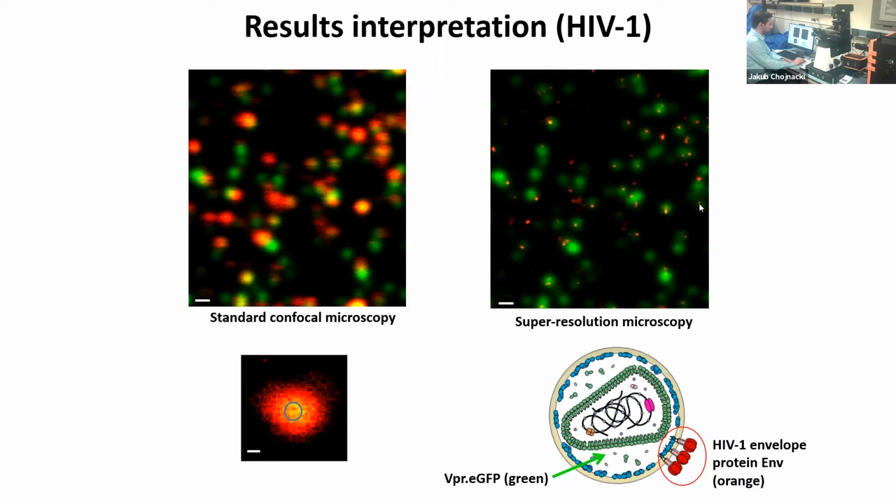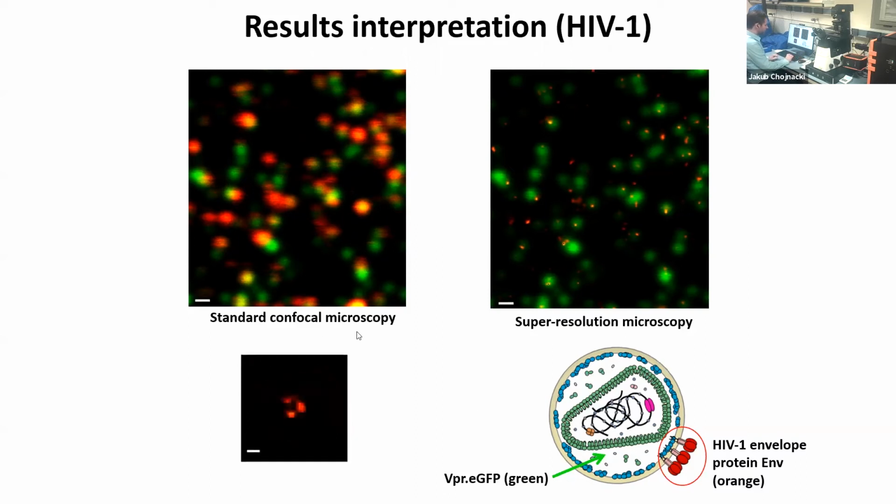But when we turned on super resolution microscopy, we started seeing that the green signal is very much localized with, for example, a single cluster or 1 or 2 clusters of envelope proteins. So the enhanced resolution gave us more information about what is happening in the structure of an individual virus particle. In confocal mode, we get a signal like this. The blue circle is where roughly the virus is.